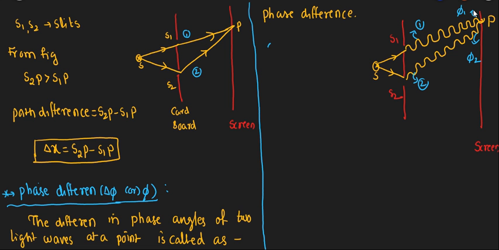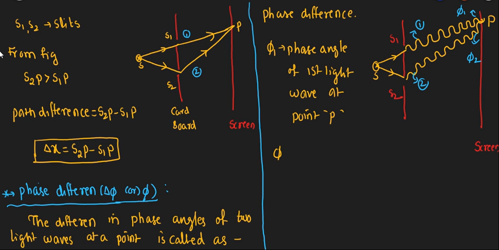Phi 1 is the phase angle of the first light wave at point P, and phi 2 is the phase angle of the second light wave at point P.